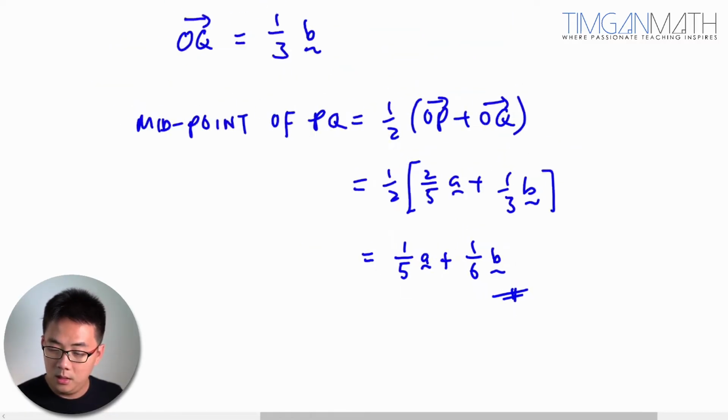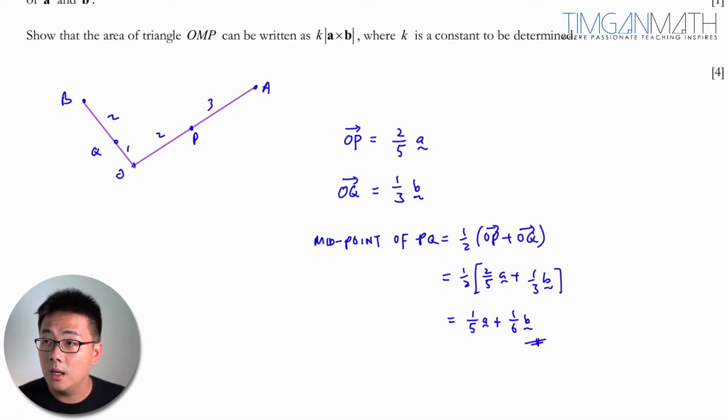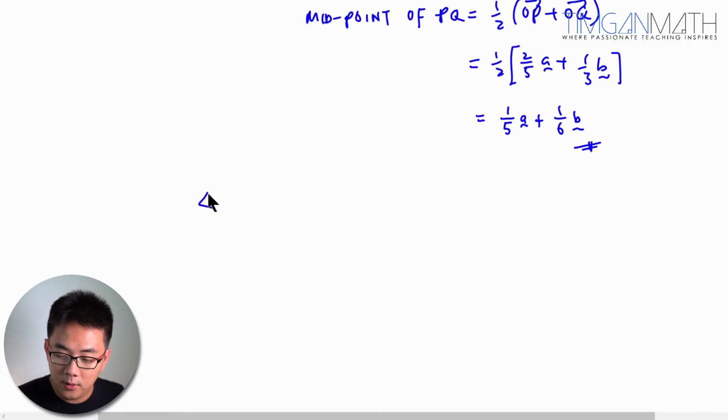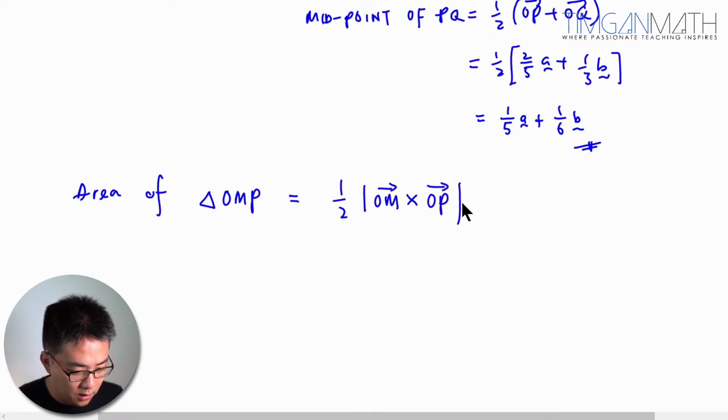Okay, so the next thing is you want to show that the area of OMP can be written as k A cross B. So that's not too bad. The area of triangle OMP will just be half OM cross OP.